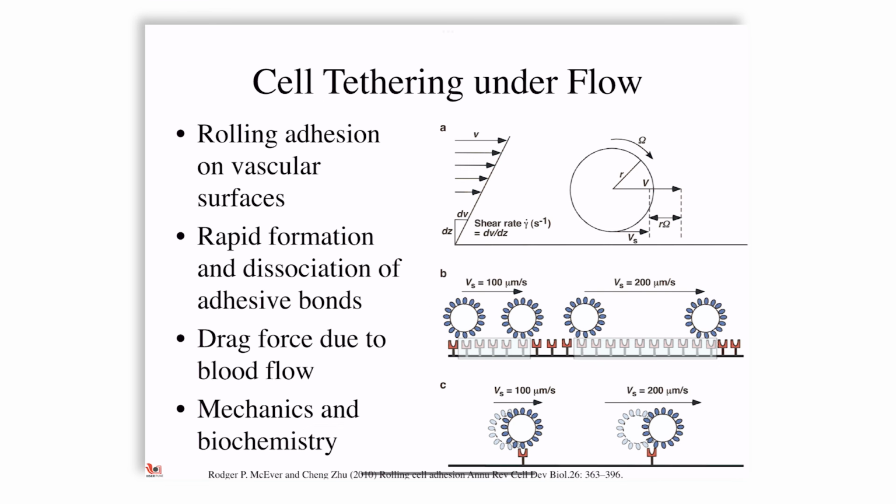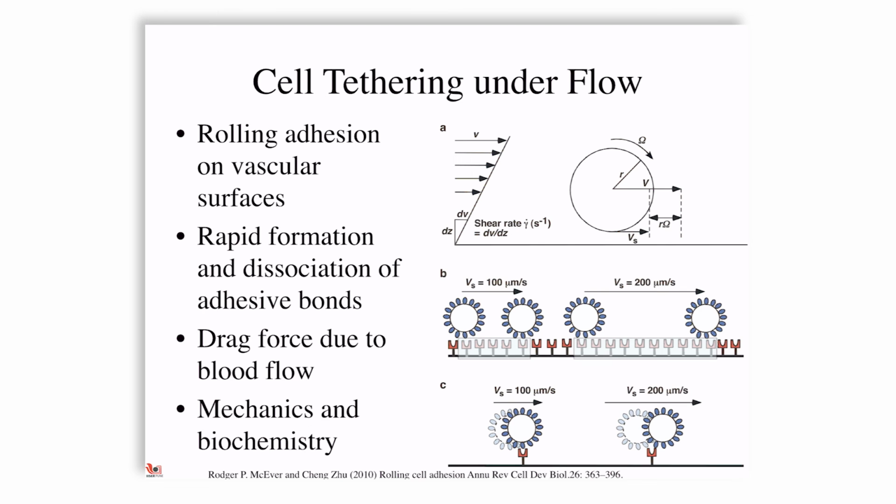Now, in a simple consideration that is described by Roger McKeever and Cheng Zhu, the rolling cell adhesion of leukocytes happens while there is a shear rate being imposed on the fluid.